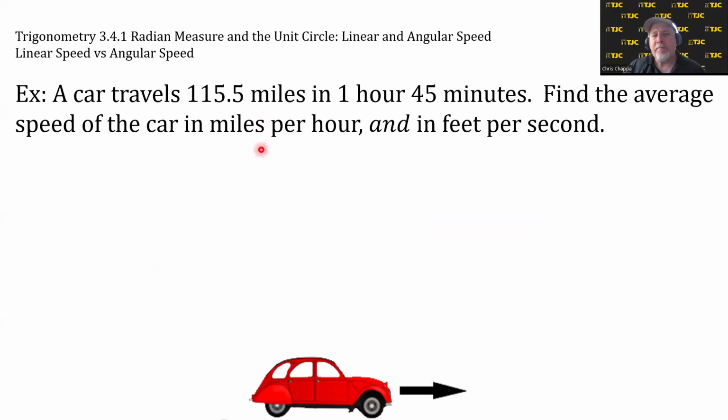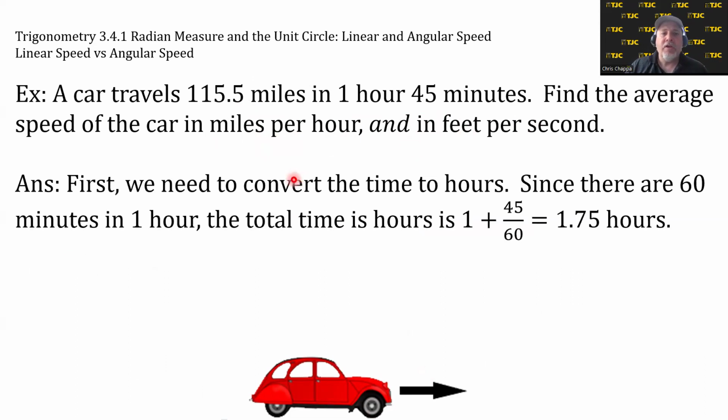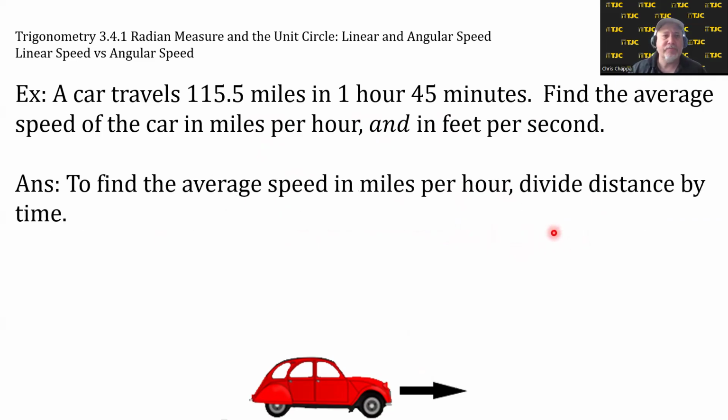For example, a car travels 115.5 miles in 1 hour and 45 minutes. Find the average speed of the car in miles per hour and in feet per second. First, we need to convert the time to hours. Since there are 60 minutes in 1 hour, the total time in hours is 1 plus 45 over 60, which is equal to 1.75 hours.